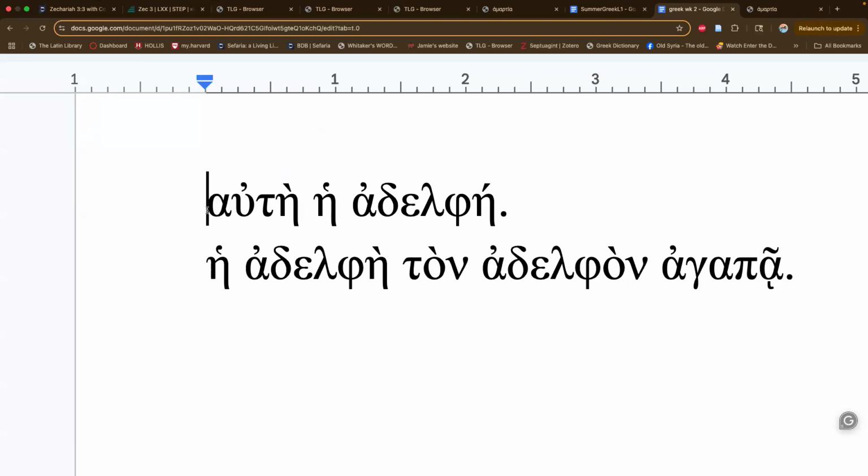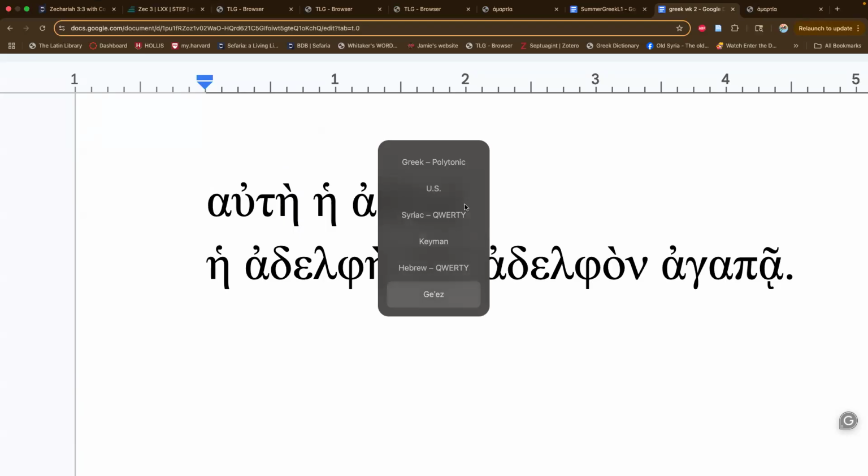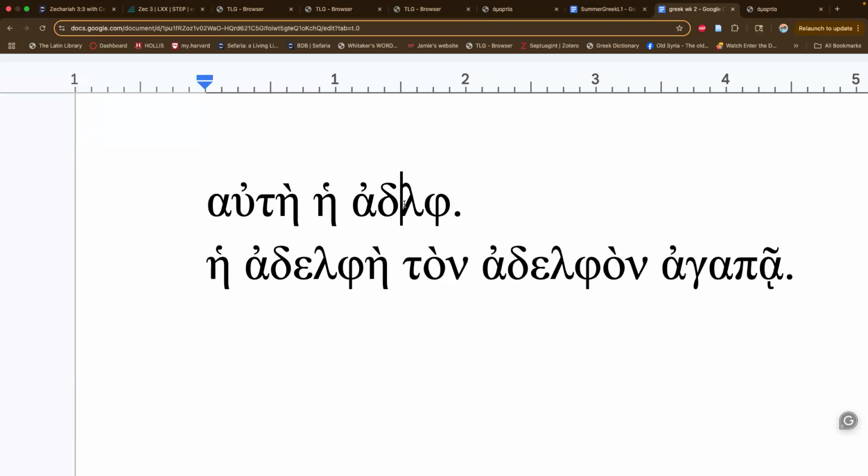Once again, this is something that won't affect your translations greatly or at all. It's really there just to help you understand how to pronounce things if you were to. So this would be aute, hey, adalfe, rather than if the accent were something else.